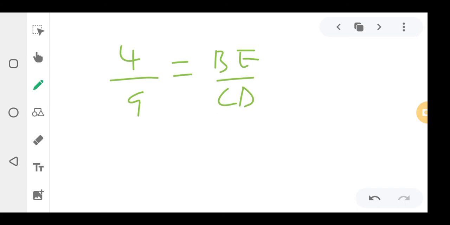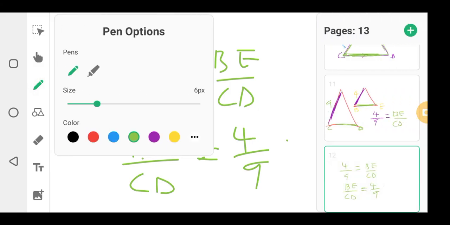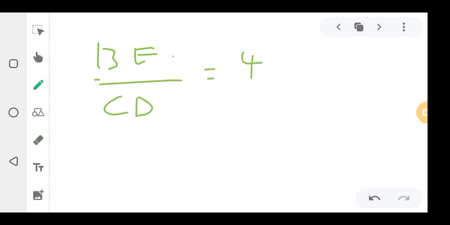So if I put the letters this side, BE is this side, CD is this side, the numbers will be on the other side. So if I say BE over CD is equal to 4 over 9.